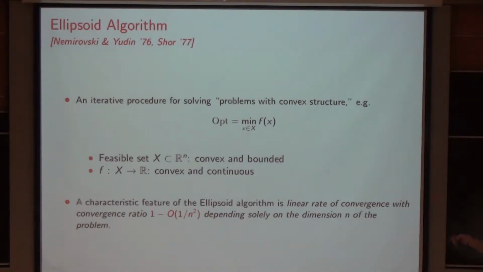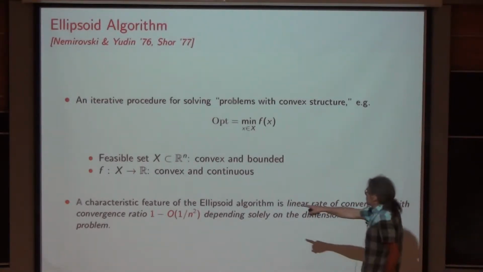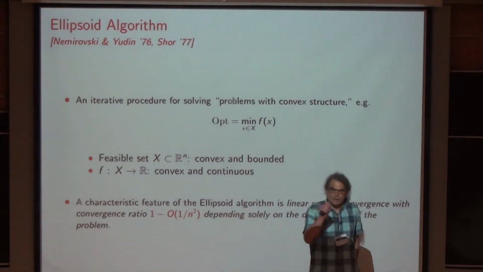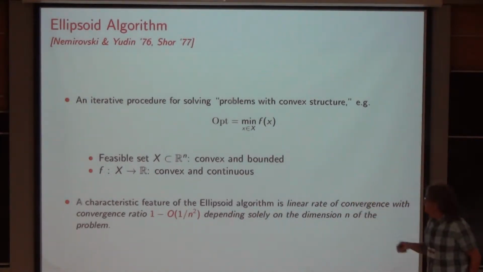So we want to minimize a function which is convex and continuous, on a convex and bounded set. All right? This is a generic problem we want to solve, and the ellipsoid algorithm is a method to solve this problem with linear rate, with a convergence ratio which is 1 minus 1 over n squared, where n is the problem dimension, the dimension of the control variable x.